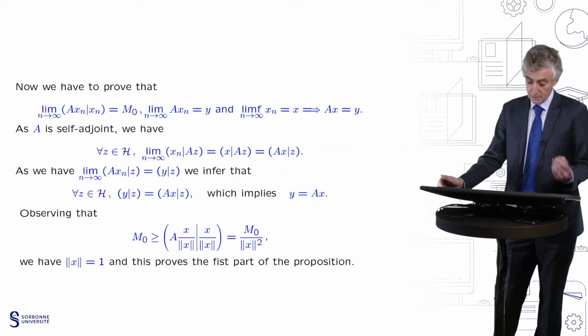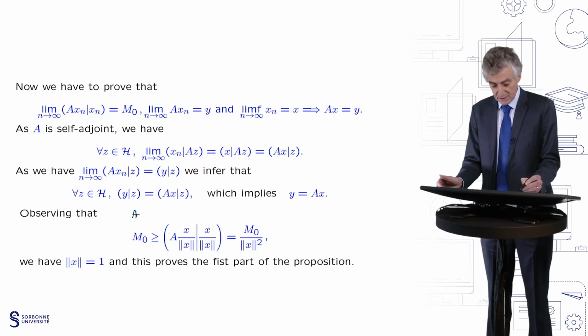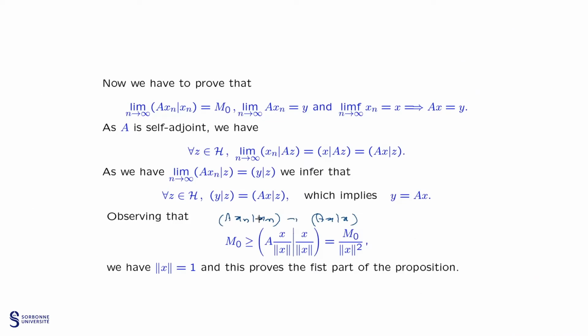Now, let us observe that we have this. Why do we have this? We have this because ⟨Ax_n, x_n⟩ tends to ⟨Ax, x⟩. Why? Because here we have strong convergence and here we have weak convergence. So we have convergence. But, of course, we have this, and this implies that the norm of x is greater than or equal to 1.